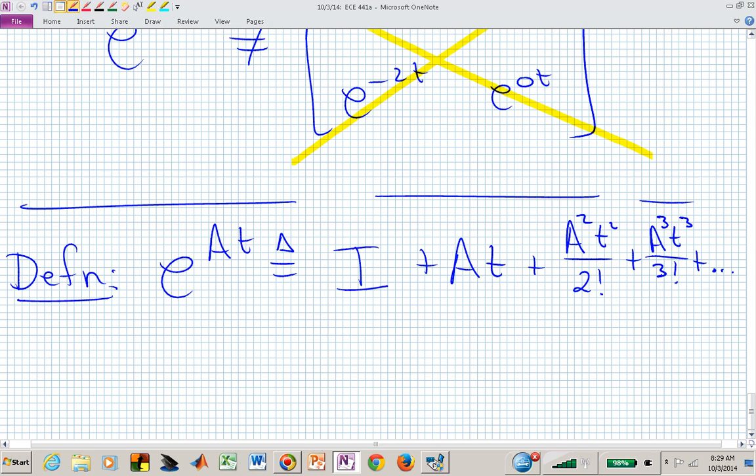Meaning, if I give you a 10 by 10 on the exam, it may take you a while to compute A to the 6th times T to the 6th over 6 factorial. But that factorial grows fast, doesn't it? So those terms start to vanish in a little bit, and this is a very poor way to numerically compute the matrix exponential. So we want to do it by paper and pencil, a different way.